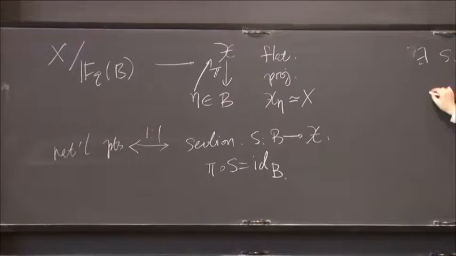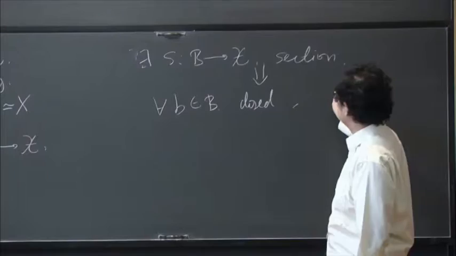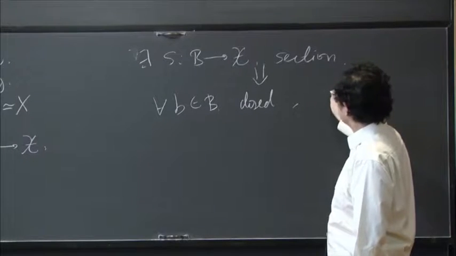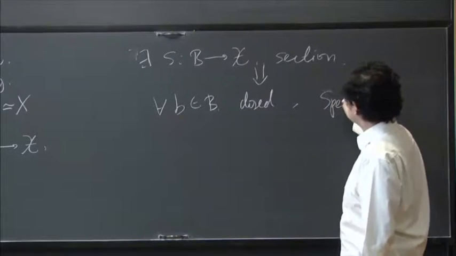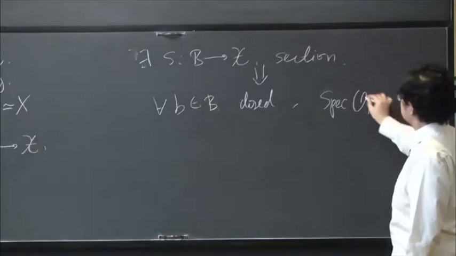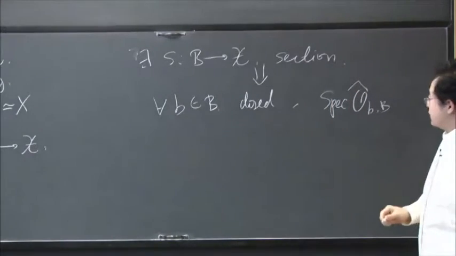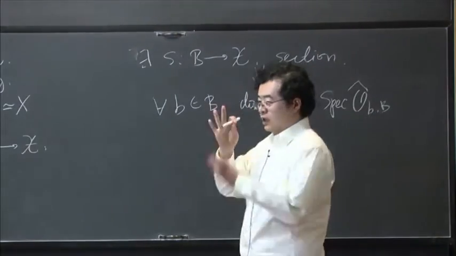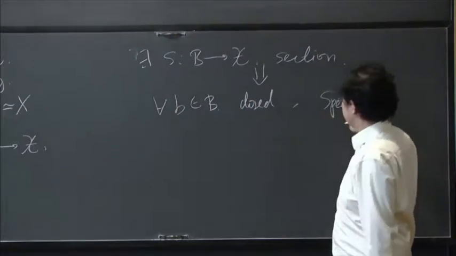Now of course, for any closed point of B, I can look at the completion of the local ring, and we call this the spectrum of the completion. So I can restrict the whole family to this completion.